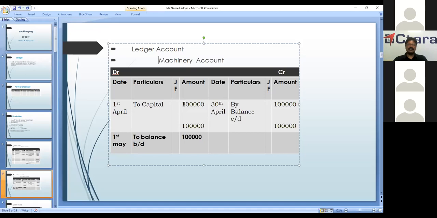We have received machinery as capital, to capital rupees 1 lakh. On the other side, the credit side, we don't have anything, so we have to balance the account. Here also we write 1 lakh and then balance the account. This is the machinery account. Then we have to prepare the furniture account.